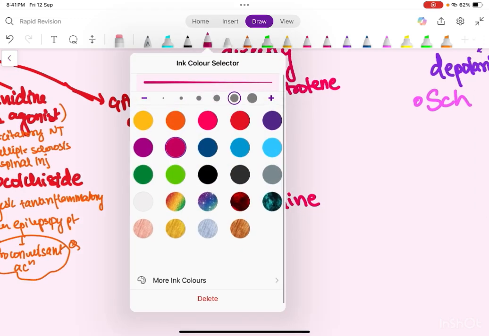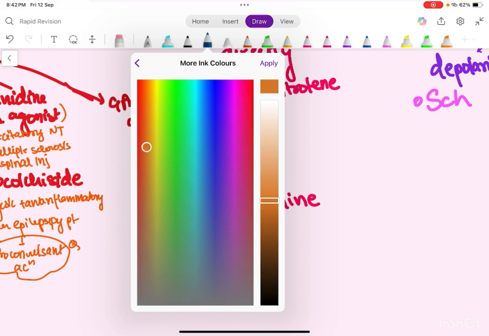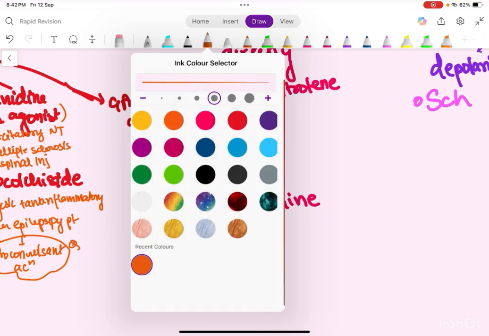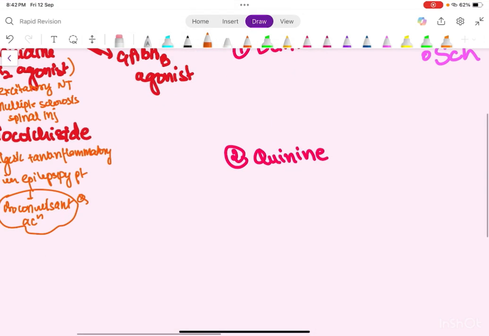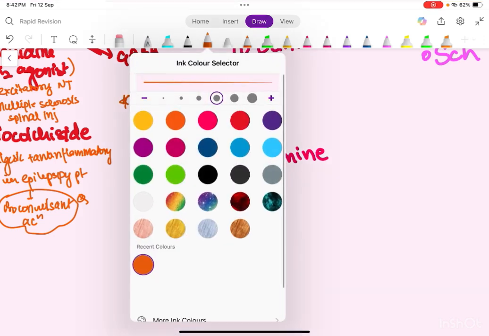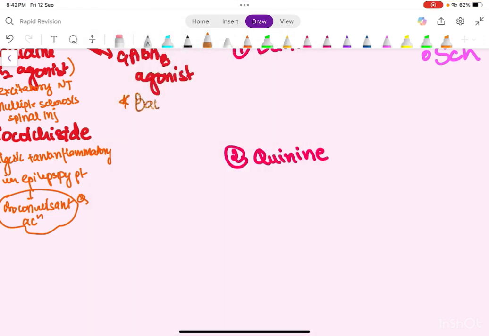Okay, now coming on to the GABA B agonist. Now this is important from the exam point of view as well. In this you have to remember baclofen.